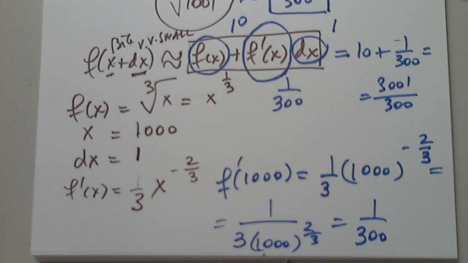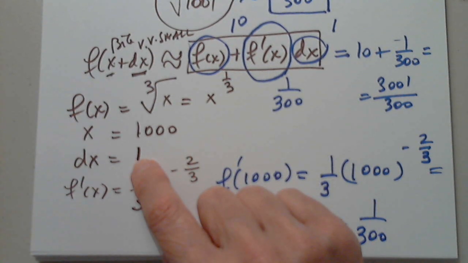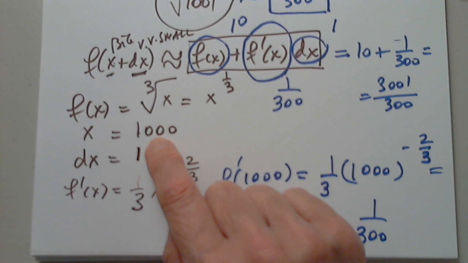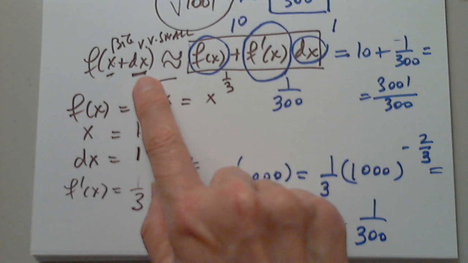And of course, you will press enter and you will divide 3,001 by 3,000. dx is very small by comparison to x, so this should be a very good approximation. Gee whiz, it's a very, very good approximation, because dx is very tiny in comparison to 1,000. So this is a very minor error.